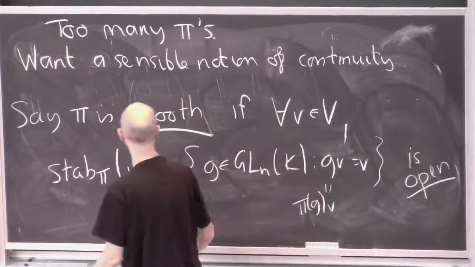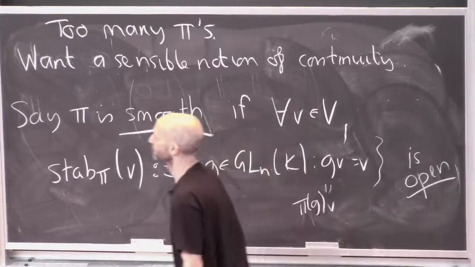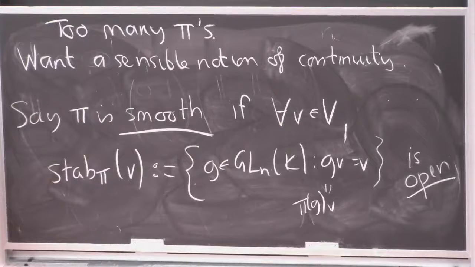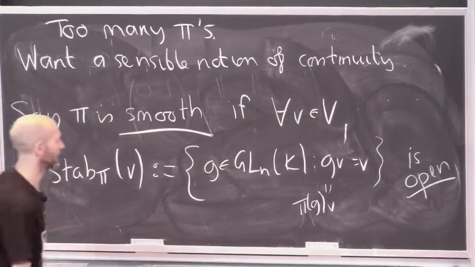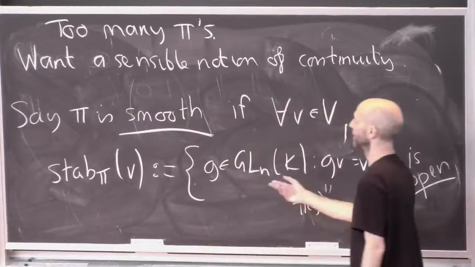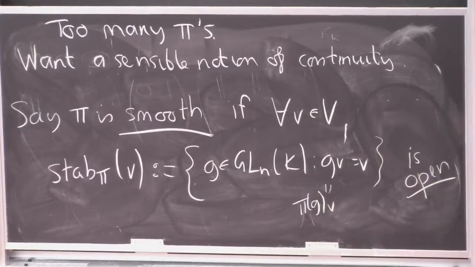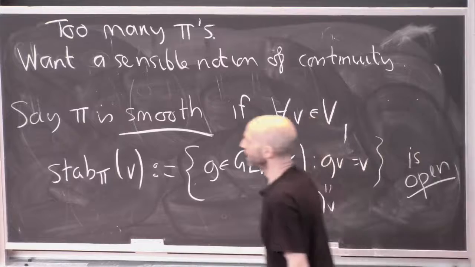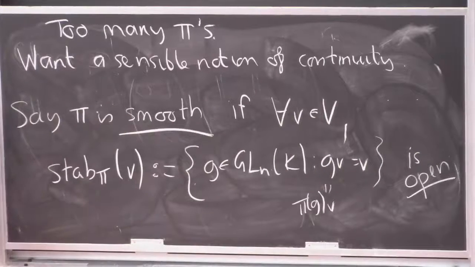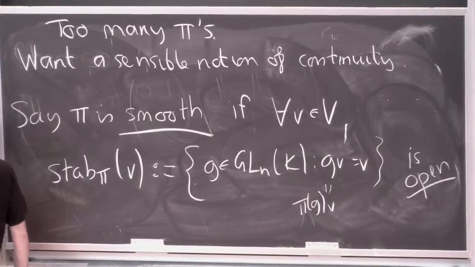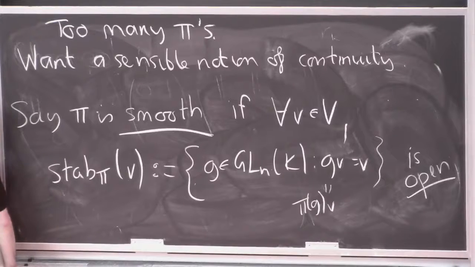So you see, I'm modeling the fact that everything is somehow discrete here, and I'm taking a very small thing which is somehow open, and I'm saying its preimage of open is open in some way. I think this might be equivalent. I guess, I'm just thinking aloud now, I think a representation of GL_n of K is somehow equivalent to a map from GL_n of K cross V to V, right?